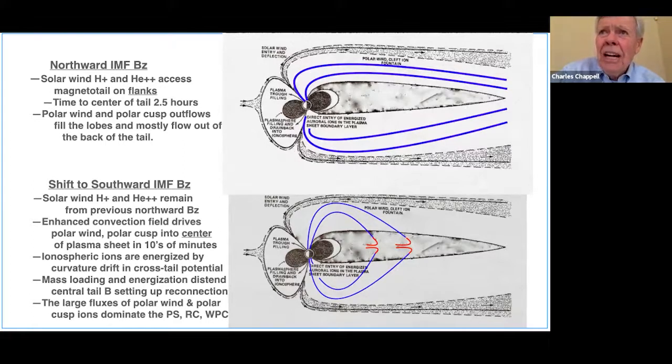Then reconnection happens, and as Pat pointed out, that can sometimes be in a northward BZ, but the midplane is loaded mass-wise, and these particles are getting energized, so it's ready for something to happen. And then once the reconnection happens, you would start to put particles precipitating into the ionosphere, which could set up parallel fields and do that sort of thing, and then send ions outward in an environment with a lot of wave activity.